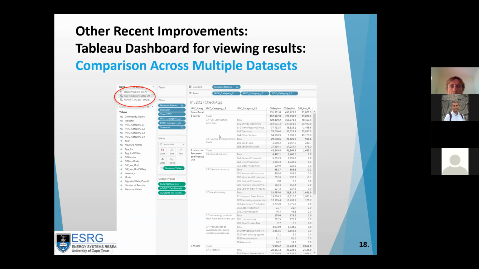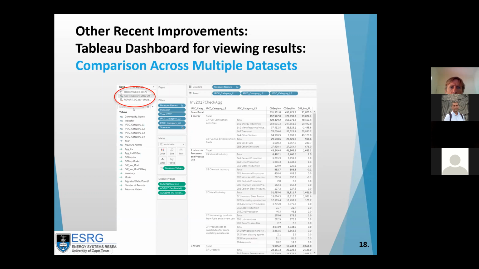And then the other recent improvement was using the Tableau framework for storing and visualizing results. This has some advantages. For example, we're able to compare different data sets.